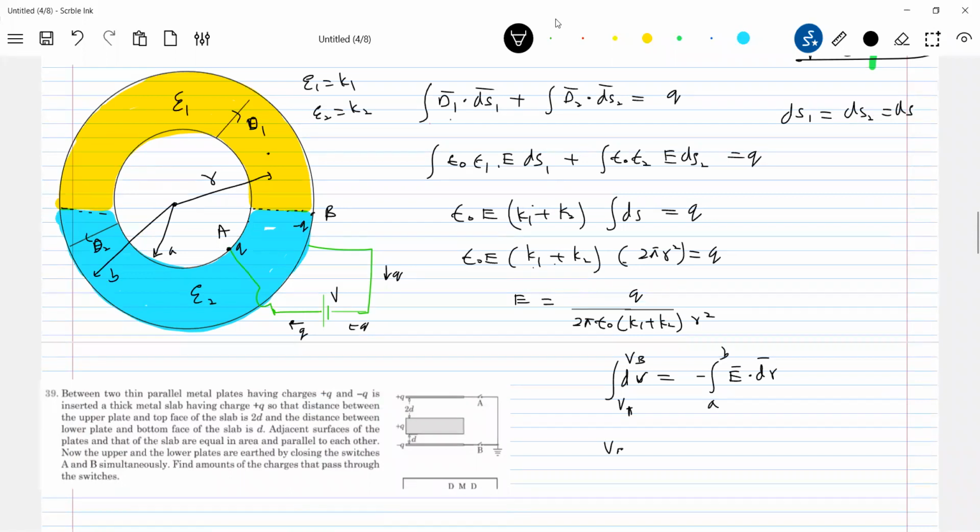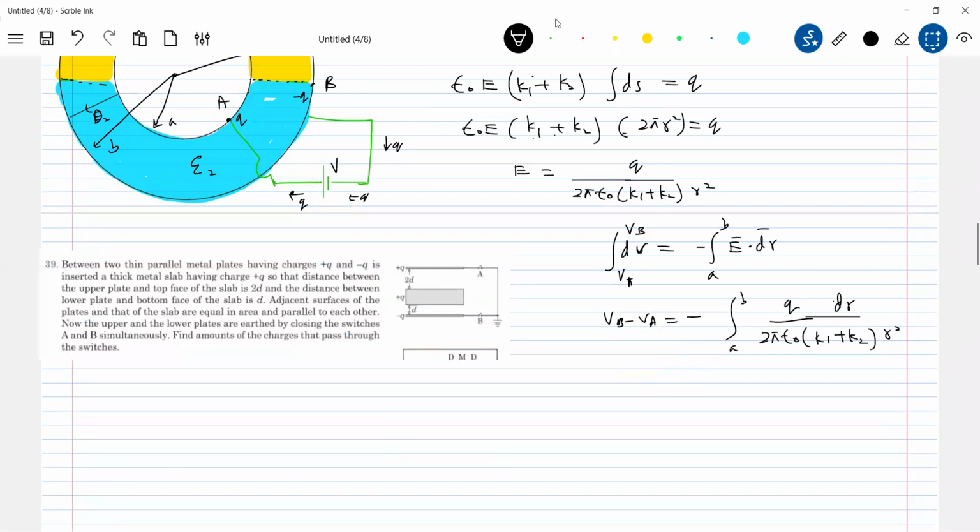So VB minus VA equals, this should be A to B, Q by 2 pi epsilon naught K1 K2, r square dr.